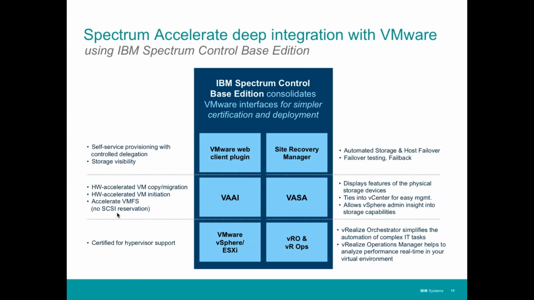In the absence of this integration, when I say this integration of IBM storage with VMware, if you're a VMware shop and you don't have this integration, you're putting all of the storage management load on the VMware layer, on the hypervisor. That can affect your applications, your business applications.